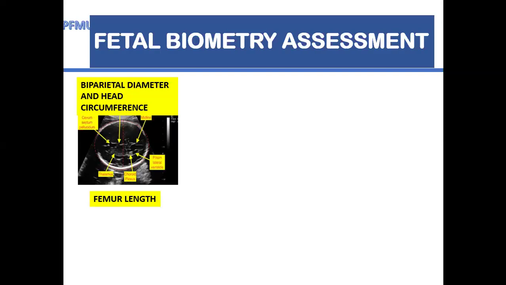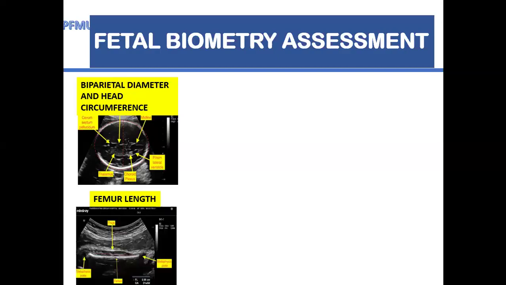It must be like a rugby ball. You must take one of the lateral ventricle, the thalamus, and have some box-like structure in the front. Why is it important to do things consistently so that you can compare? When they come for the subsequent scan, you do it at the same level, to compare the progression or regression or stagnation.